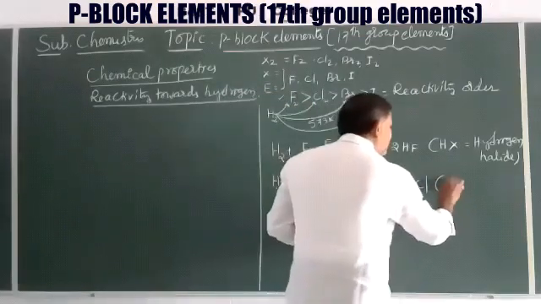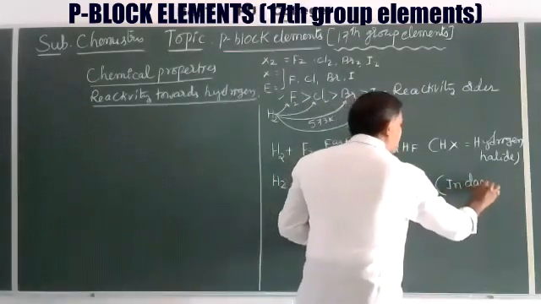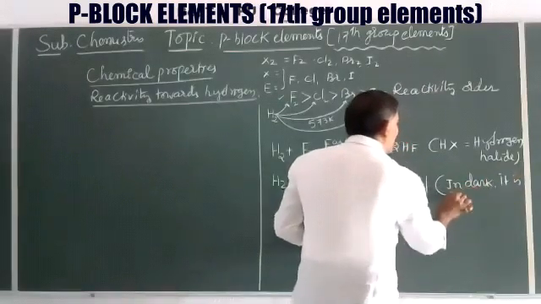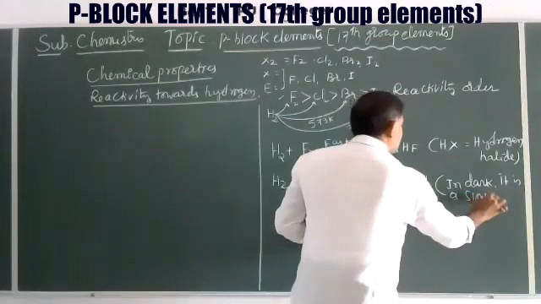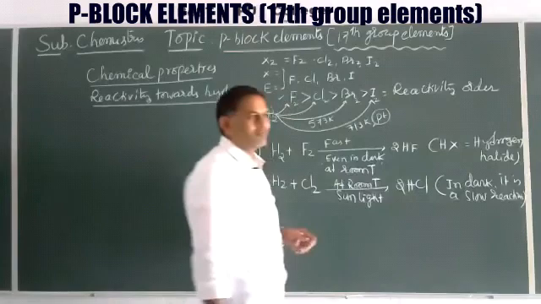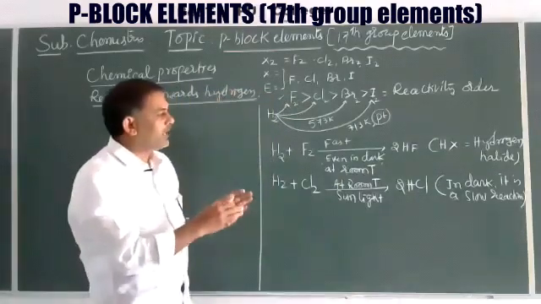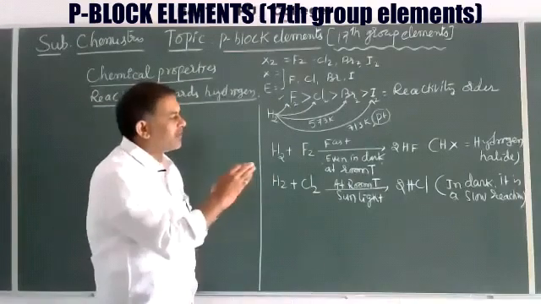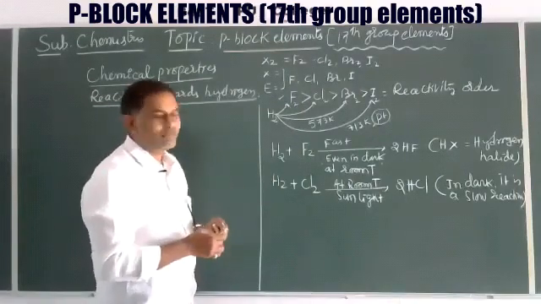In dark condition, it is a slow reaction. It takes place, but slowly, because the range of UV or visible light radiation is very, very less. That's why a very slow reaction takes place.